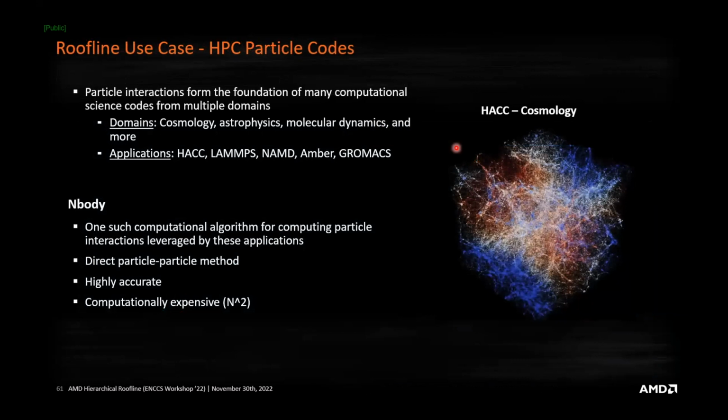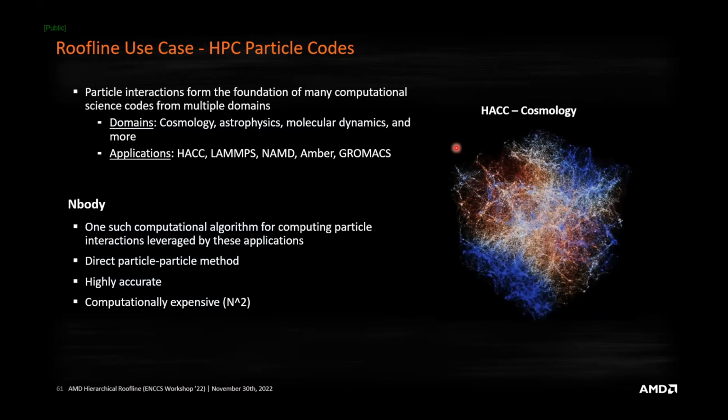So the last test case we're going to examine here is a proxy application. It's a proxy application for many different computational science codes, similar to cosmology, astrophysics, molecular dynamics, applications like HACC, LAMMPS, and GROMACS, and that's N-body. Specifically, we're looking at the direct particle-particle method.